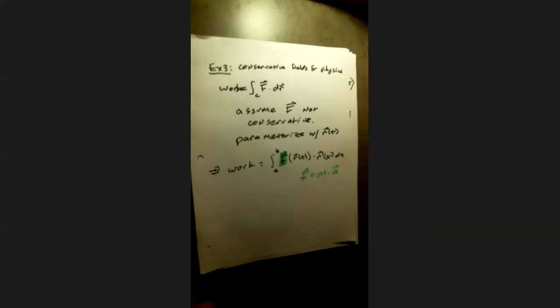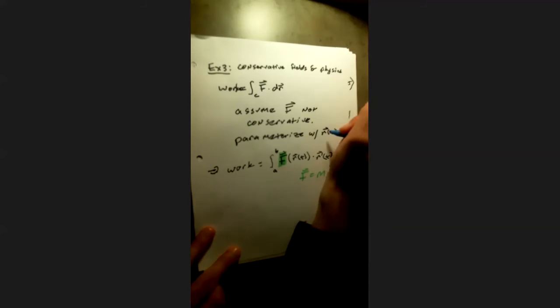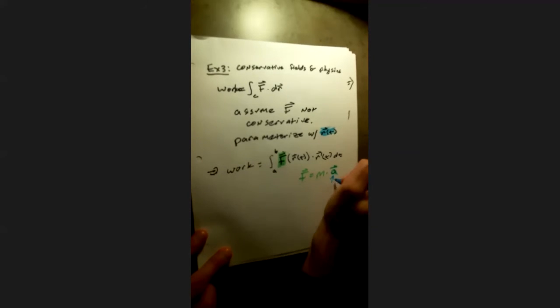I want to relate acceleration to the second derivative of position, whatever your position is. The second derivative is acceleration, exactly. So this would be r double prime of t.